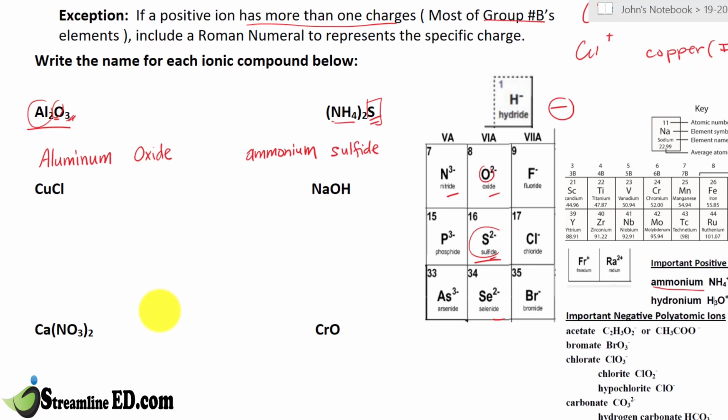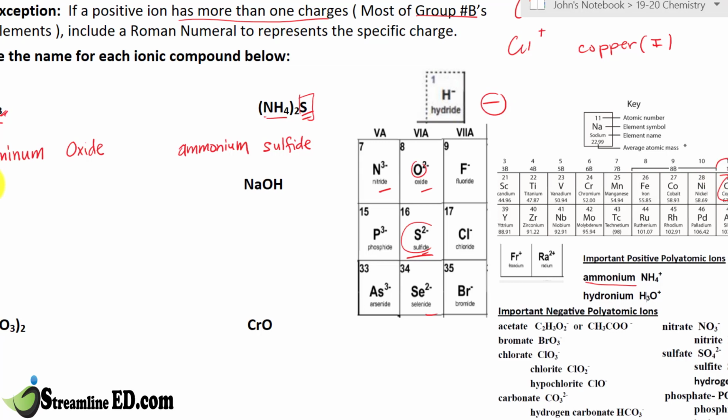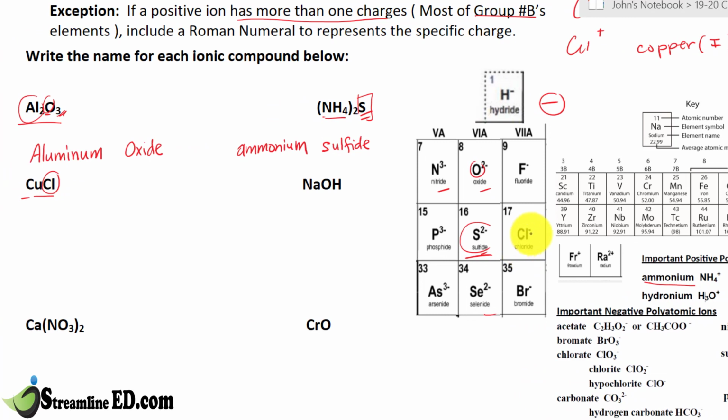Let's try another one. Here we have copper chloride. So copper, remember, is in group B. So we don't know if it has a +2, +1, or +3. But this chloride right here, chloride has a minus. And we know if this is a minus, copper must be positive because the total needs to be equal to 0.